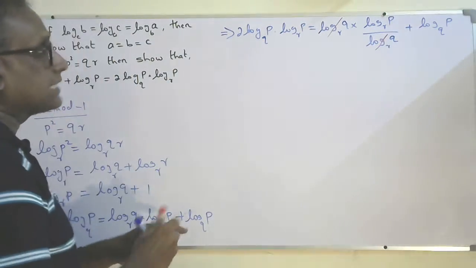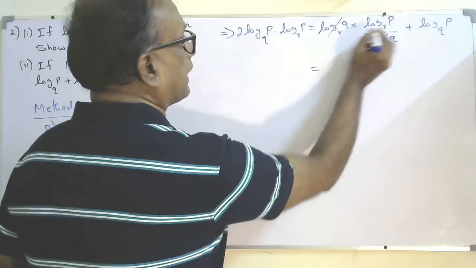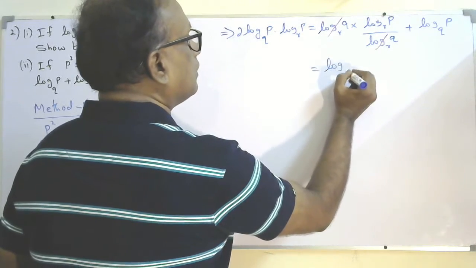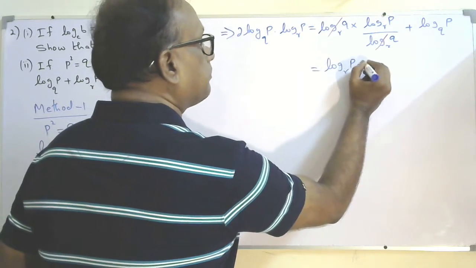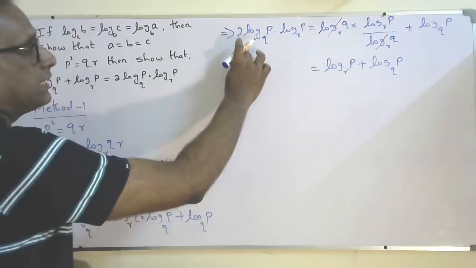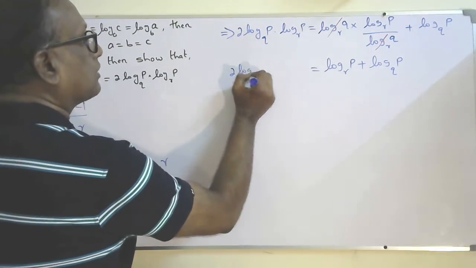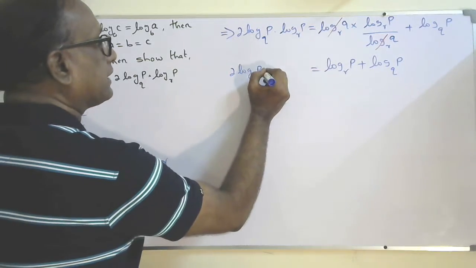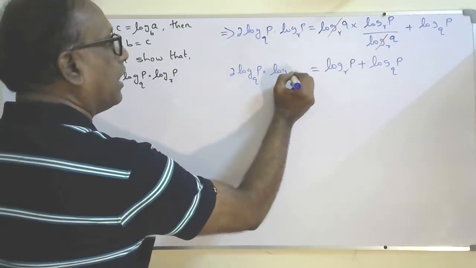So when they get cancelled, I will get on the right side log R of P plus log Q of P. On the left side, 2 log Q of P times log R of P.